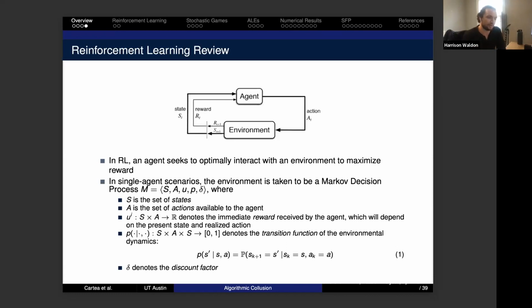And P is the transition function of the environmental dynamics. It denotes the probability that the environment will move to a particular state, given that it was in some other state and we took some action. And delta denotes the discount factor of the agent, so how much they discount future wealth or future payoffs.